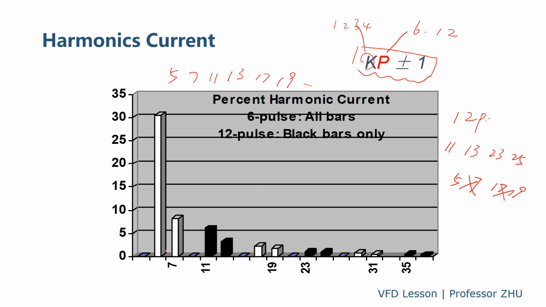So with 6 pulse, all those harmonics will be there: 5, 7, 11, 13. But for the 12 pulse, you only have 11, 13, 23, 25, 35, 37, and those other harmonics will be cancelled. So the total harmonic will be much lower for the 12 pulse compared with the 6 pulse.